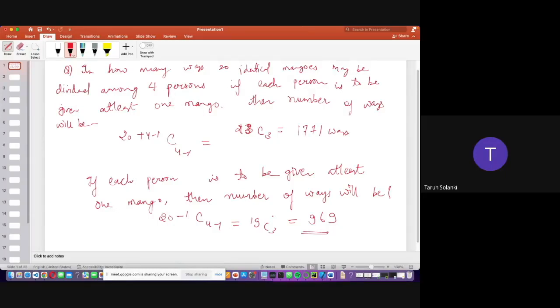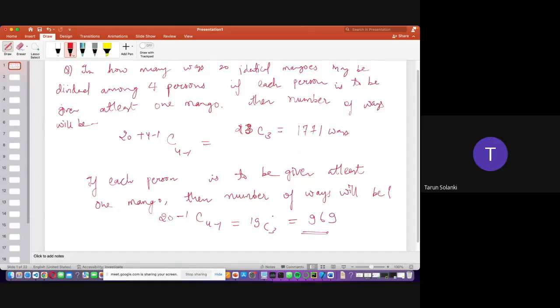So you can copy down this question. Given question is in how many ways 20 identical mangoes may be divided among four persons. If each person is to be given at least one mango, then the number of ways will be. So for the 20 identical mangoes divided among four persons, that means 20 plus 4 minus 1 C 4 minus 1, that will be 23 C3.